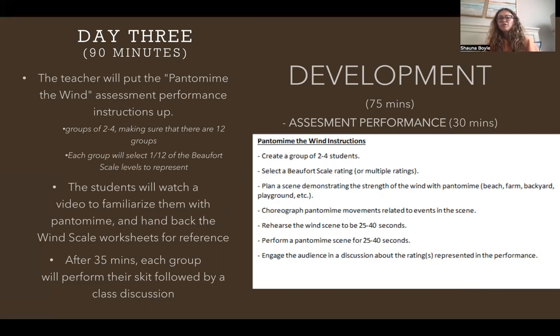The students will watch a video first to familiarize themselves with pantomime, just because it's not a super known thing, but it is a good way to represent something without words or without needing any other materials except for yourself. So they'll get 35 minutes to work on that with their group, and then each group will perform, and then each group will have a quick discussion with the class after.